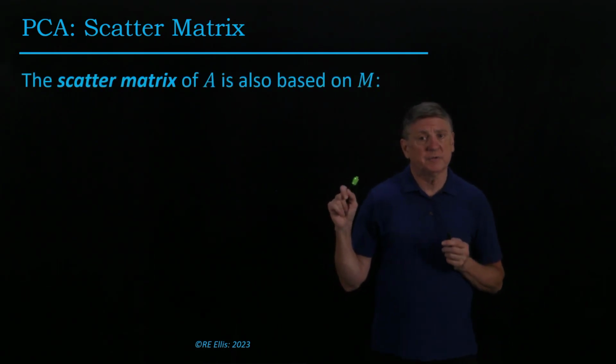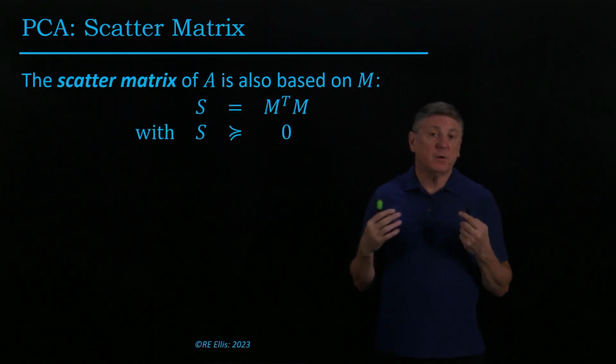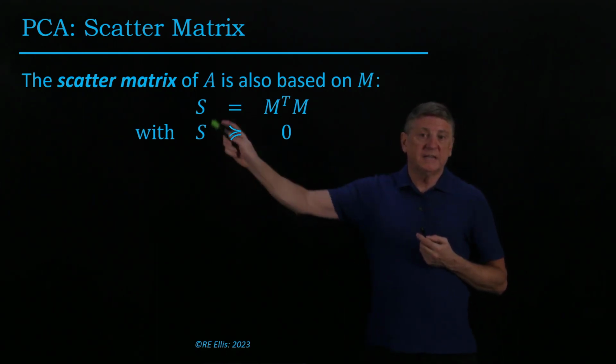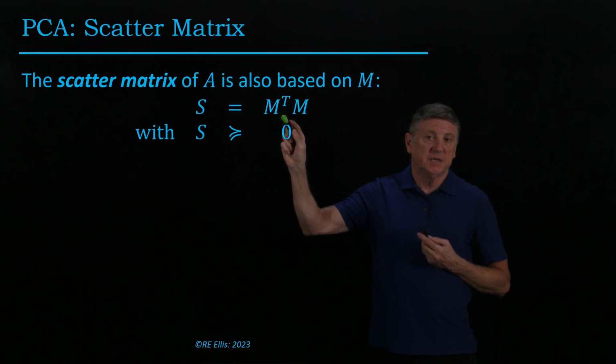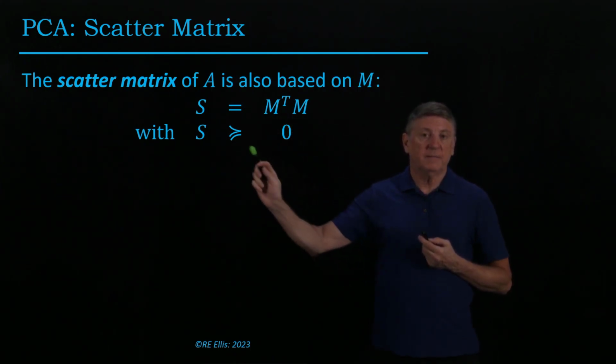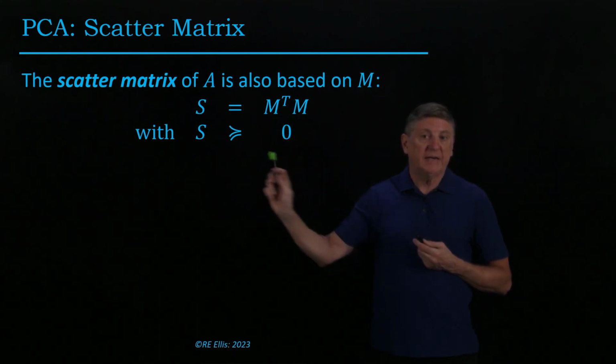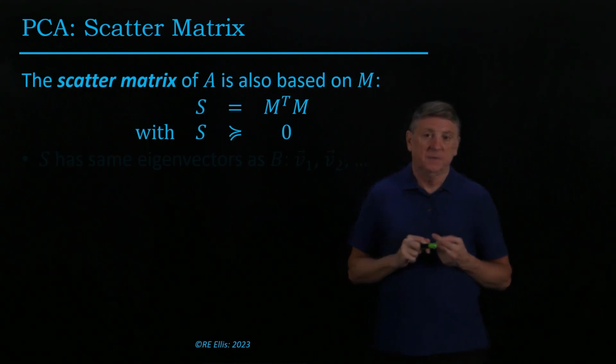So the scatter matrix of data is very, very closely related. We'll say that the scatter matrix is just the transpose of the zero mean data times the zero mean data. And what that gives us is that S is now symmetric by construction, and it will be positive semi-definite.